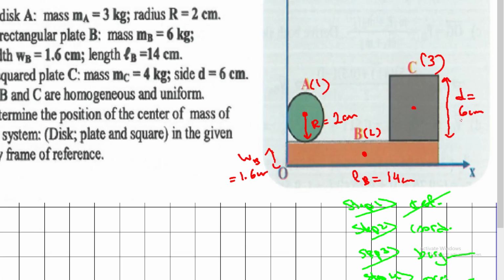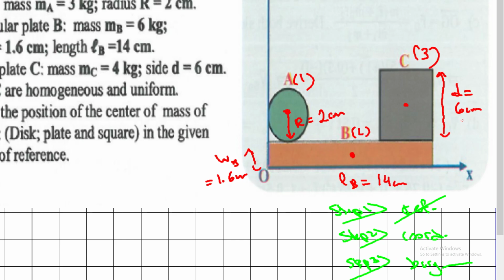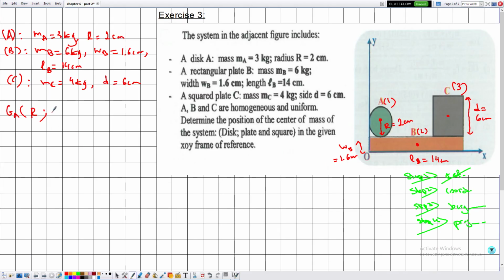Now as for the ordinate, this is the ordinate of the center of gravity of the disk, and it's located at a distance WB plus R. And here let me keep everything in terms of variables, and then at the end we will replace the values.